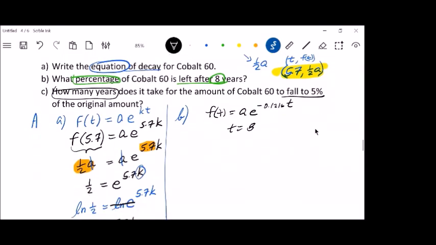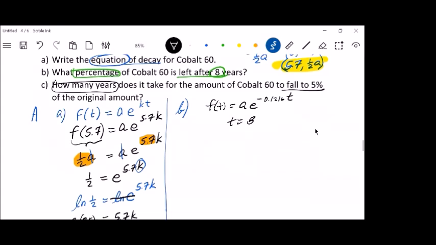So we're going to keep the same. We don't know the percentage, so actually let's talk about that. That's what I'm thinking of here, is we know that A is the original amount. We want to know what percent.